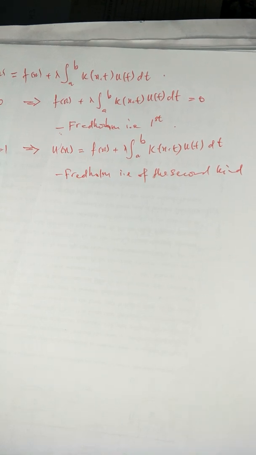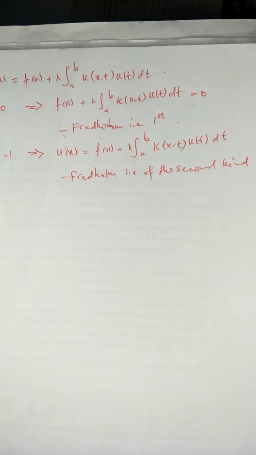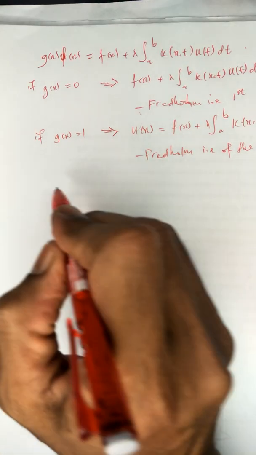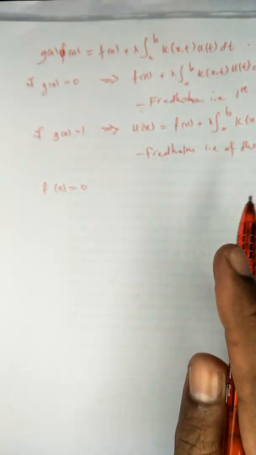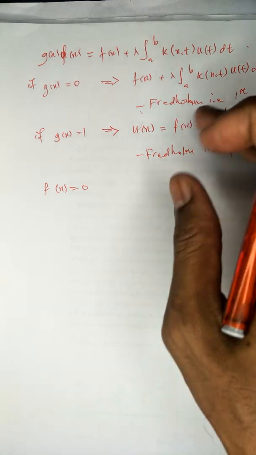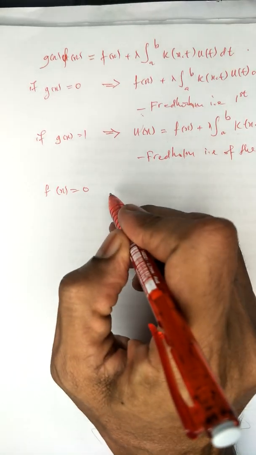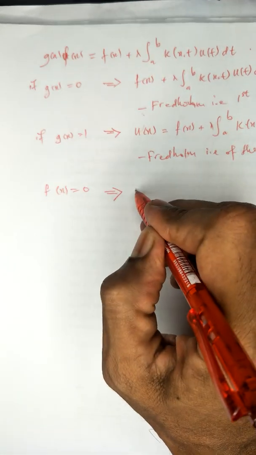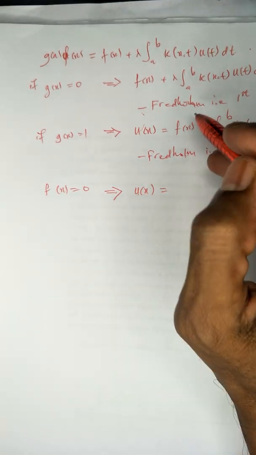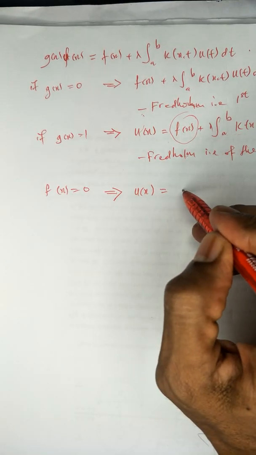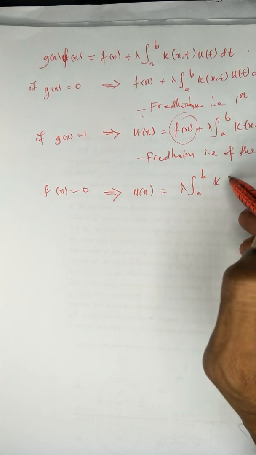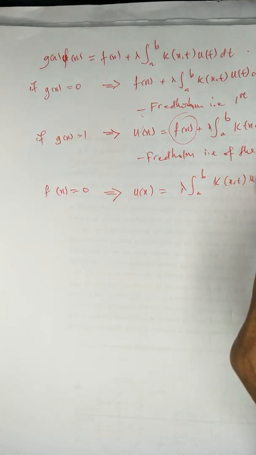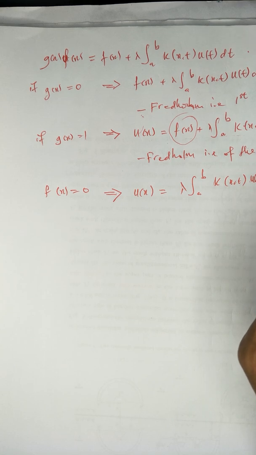And if we set f(x) is 0, then we have u(x) equal to lambda integral from a to b of K(x,t) u(t) dt.